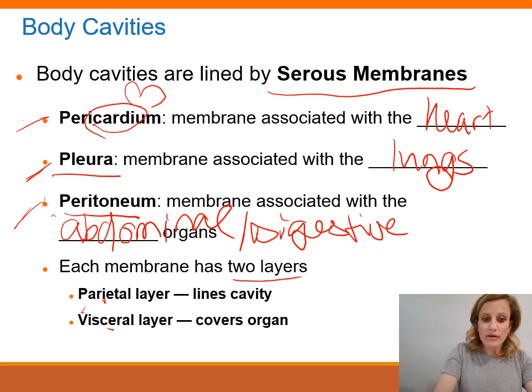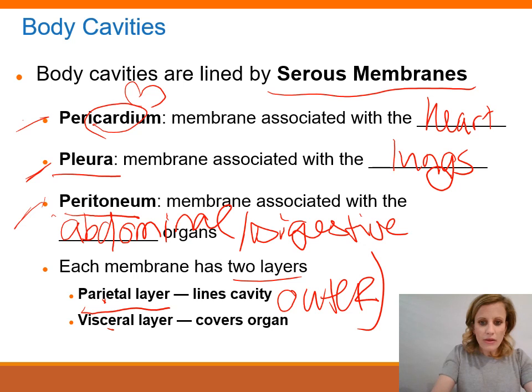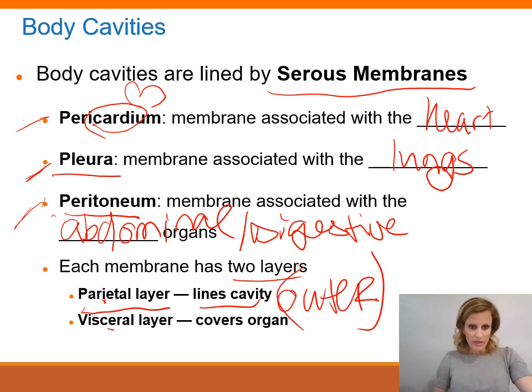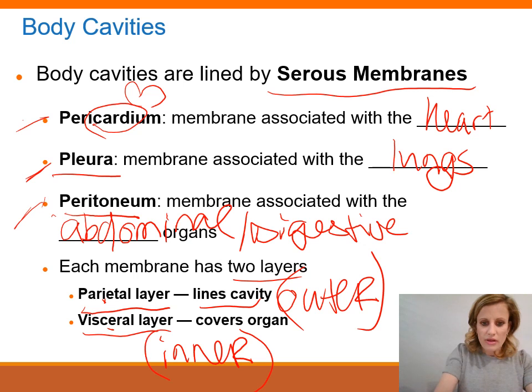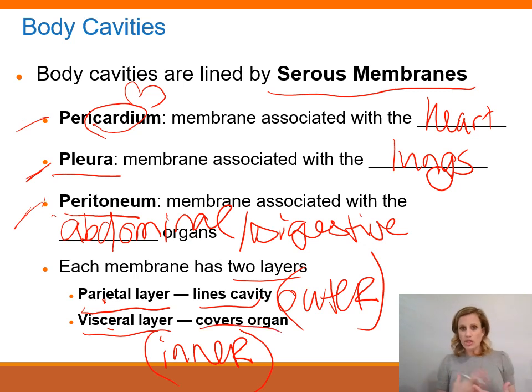So the parietal layer is the outer layer, the layer that's lining the actual cavity wall. Then the parietal layer curves inward and it's continuous with the visceral layer. The visceral layer is the inner layer that lines or covers the actual organ itself. If this sounds confusing, don't worry, just go with me. I'm going to show you a lot of examples as we go. Okay?